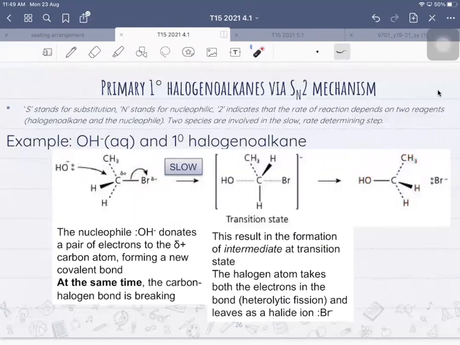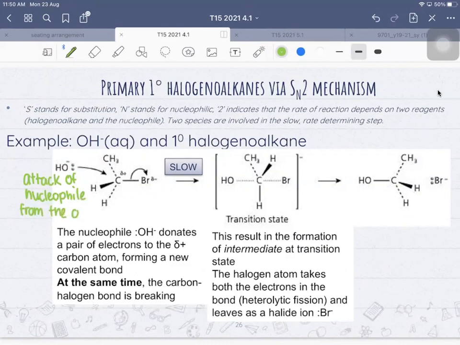They draw the 3D drawing so that you can see where the attack is coming from, which is the opposite side. Okay, so I can add that on. Attack of nucleophile from the opposite side.